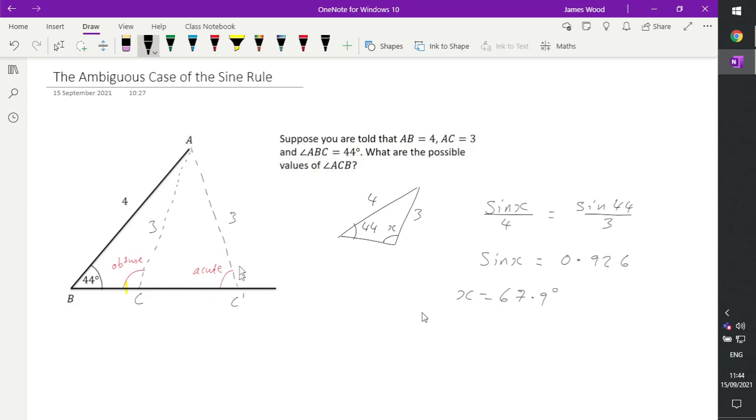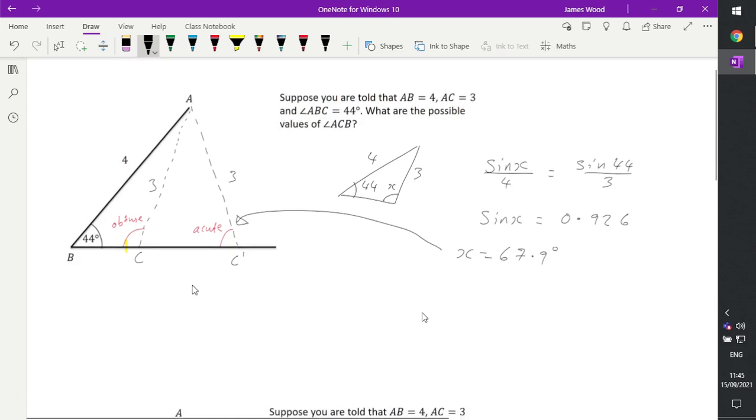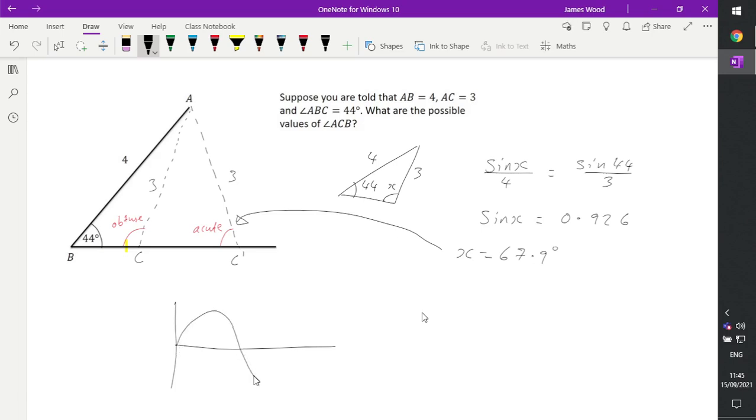So that's obviously corresponding to this angle here. Okay, so when my calculator's done it, it's given me that angle. But what if I want to work out this angle here instead? Well, if we think about the graph of sine x, okay, so the graph of sine x looks a bit like this. And we'll talk more about the graphs in the next couple of lessons, but this is the graph of sine x.